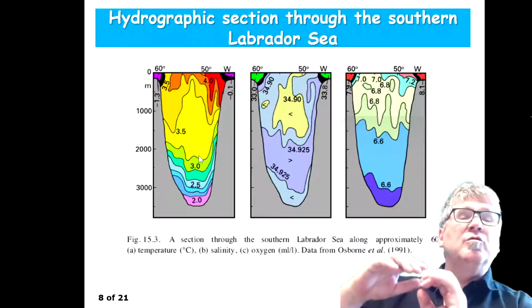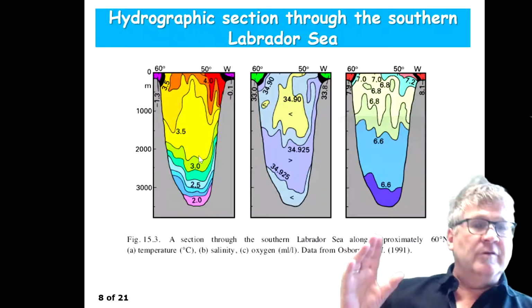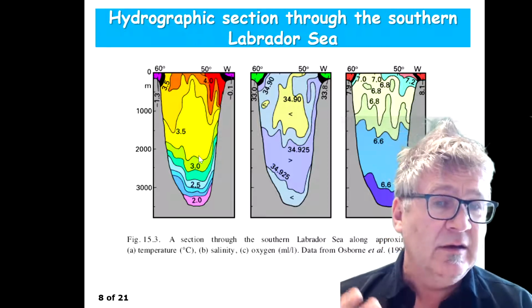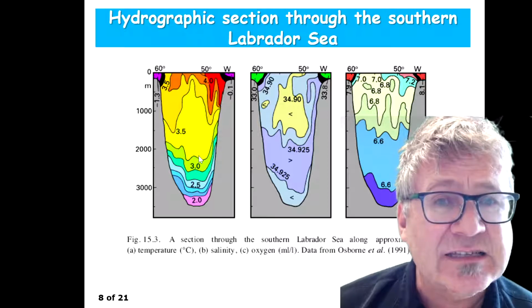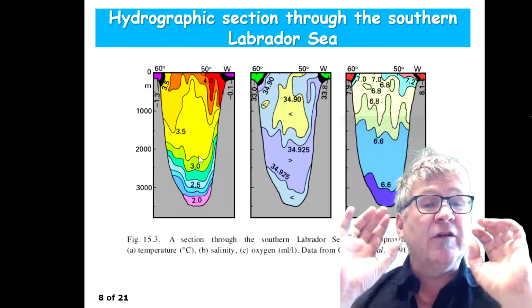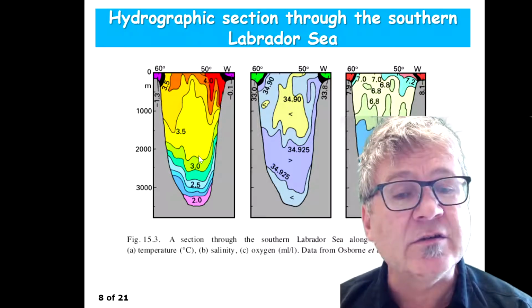So now what we want to do is have a look at the spreading of this water, not of the deep western boundary current that is created, that comes from the Labrador Sea as part of the North Atlantic deep water. We want to have a look at what happens to the water at 1,000 meters.